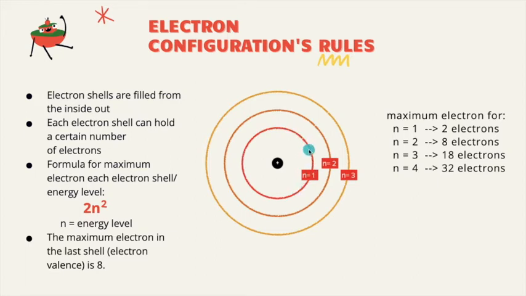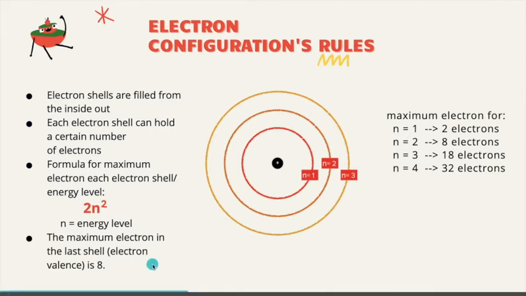Kalau kita punya elektron lebih, dia akan berpindah ke kulit selanjutnya, tidak bisa di kulit pertama. The maximum for the second shell is 8, the third is 18, and so on. So we know this maximum number of electrons will be used to make the electron configuration.